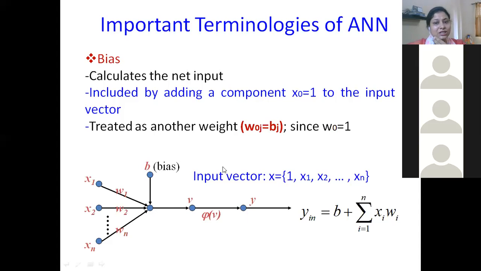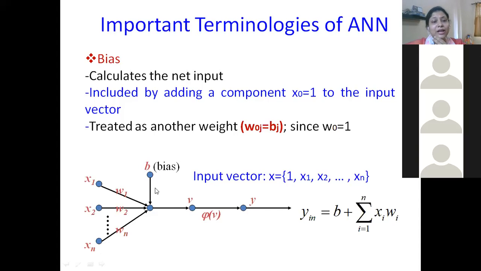And this bias adjustment is nothing but, if you consider that this particular connecting link also has some kind of weight, which is absolutely correct, that weight would be denoted here as w0. What is that w0? That w0 is every time 1.